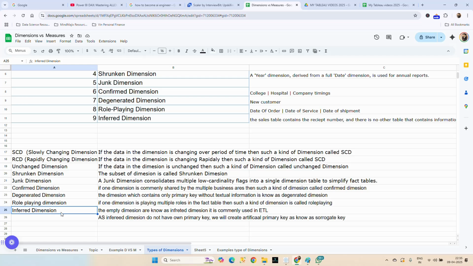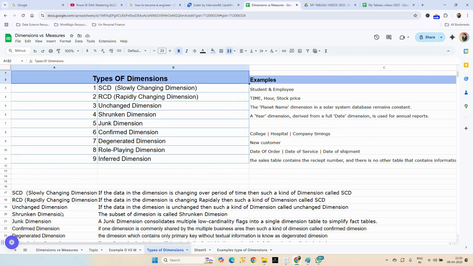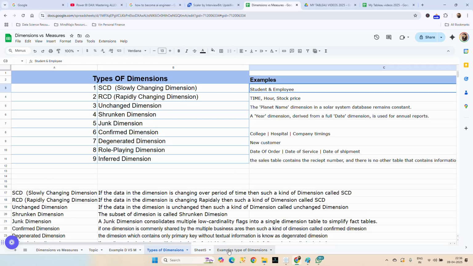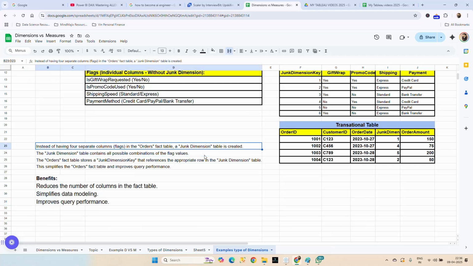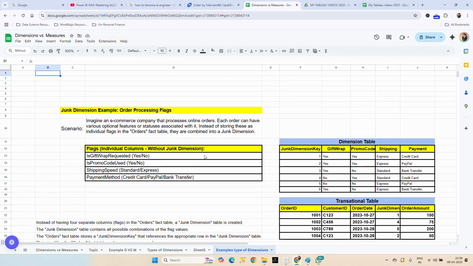Just concentrate on what the types of dimensions are. We have 9 types of dimensions. For each dimension I wrote the definition with an example, and one example I wrote here, let's say the junk dimension, right?